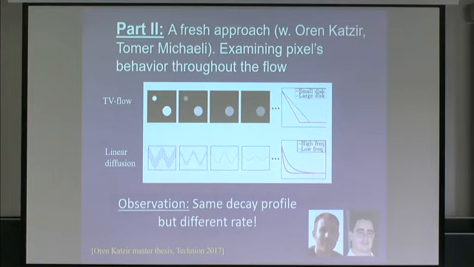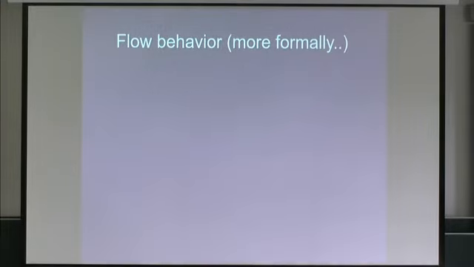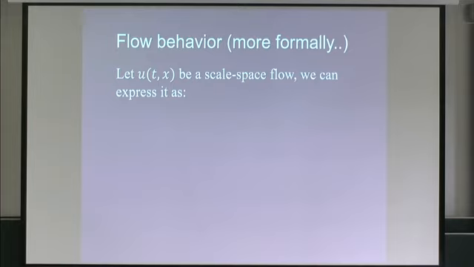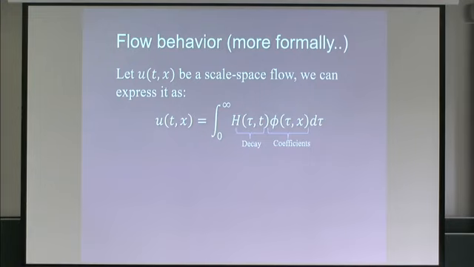different rates of decay. To put it more formally, what we can say here is, if u(t,x) is the flow in time and space, some scale space flow, we can express it in these two cases as this integral of a separable multiplication. We have these decays here, and there are some coefficients, these are those phi's.